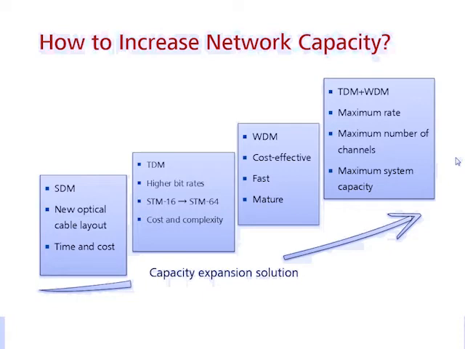For older WDM, maybe you have 80 wavelengths, and each wavelength can only carry 10G. But we can use more wavelengths, and each wavelength can carry higher capacity. Maybe 80 wavelengths, and each wavelength can carry 100G. You can see TDM plus WDM together make your network capacity higher and higher. So that's the solution now to increase the network capacity, which is very good.